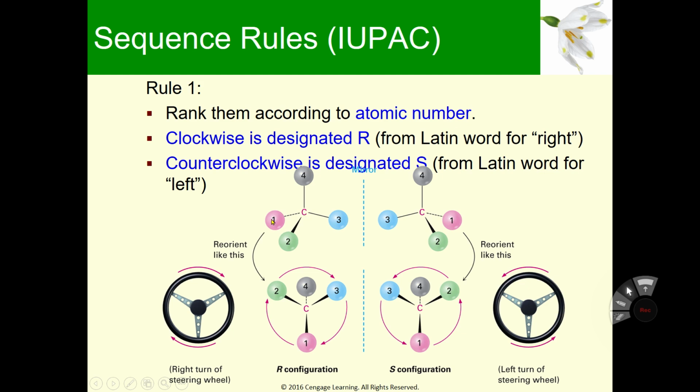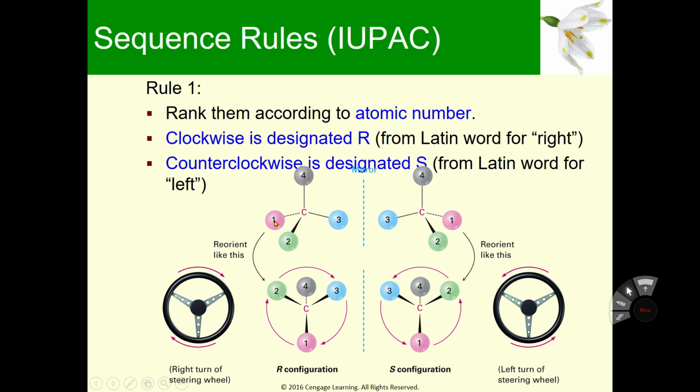For example, if this 4 is hydrogen, then the atom attached to this carbon is hydrogen, and the atomic number of hydrogen is 1. So we use the atomic number as a guide for the sequence priority. If this number 1 is CH3, then the atom attached to the carbon is carbon.